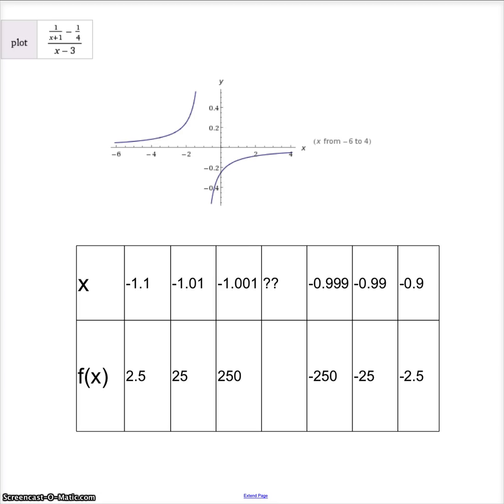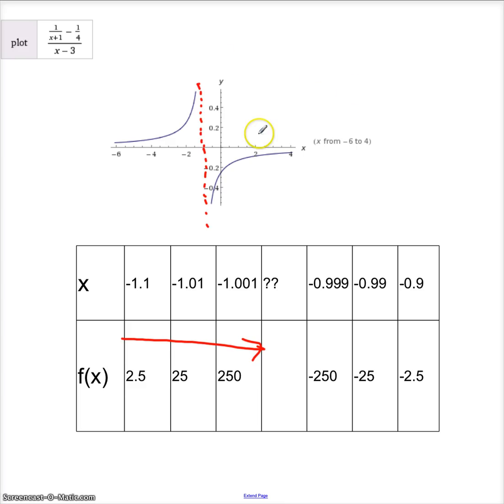Now here's another case where it becomes unbounded. You can see as I come from the left, it is getting very, very large very fast as I approach -1. Here's my point where my function is not defined.